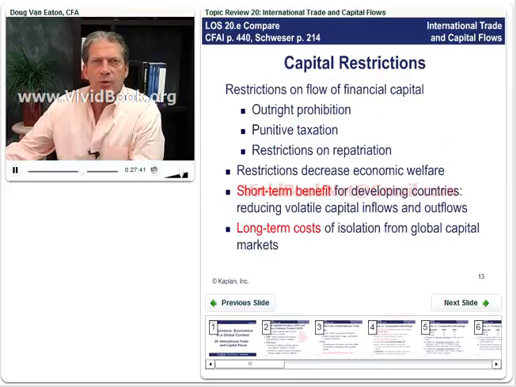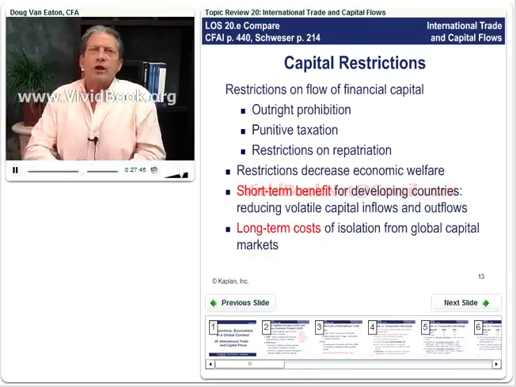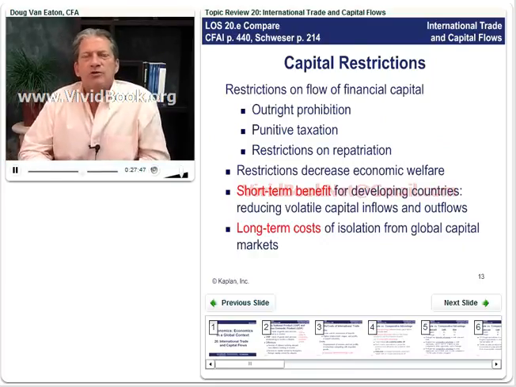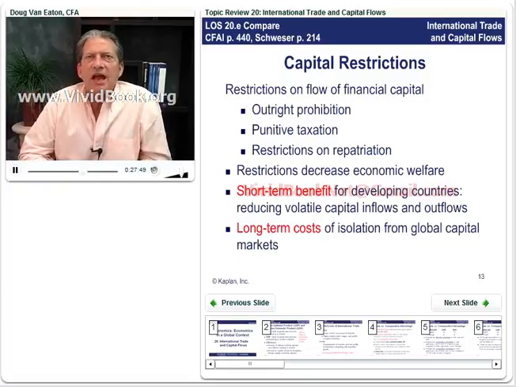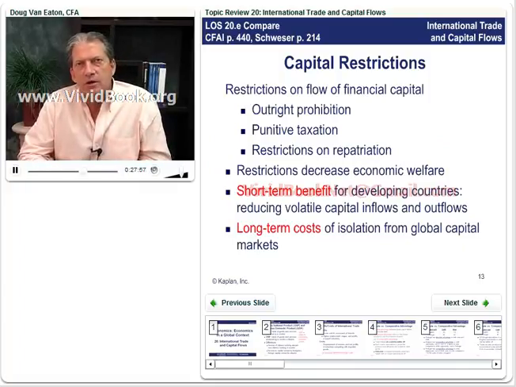Now, another type of restrictions besides trade restrictions that we run into in international finance is capital restrictions, restrictions on the flow of financial capital. And this can take a few forms, as we've got listed in those bullet points here. Either just a prohibition on flows of capital in or out of the country.